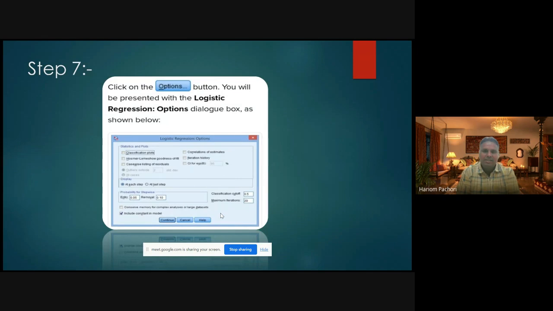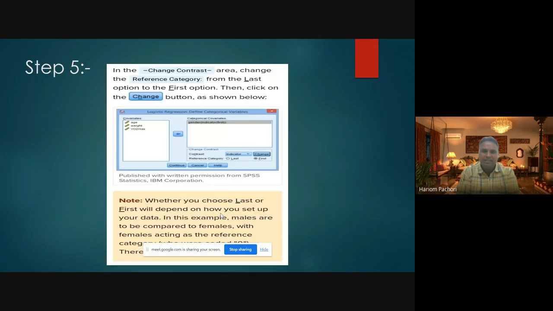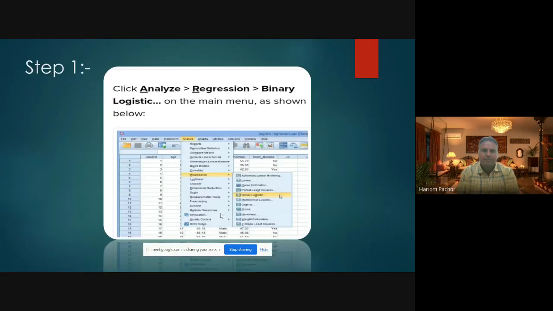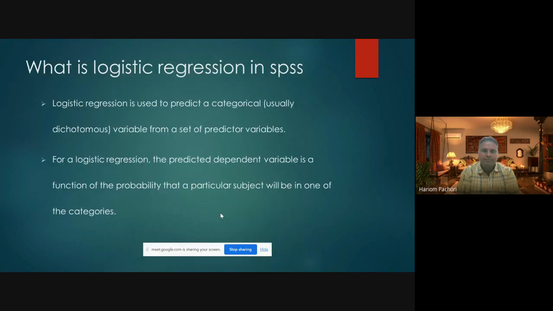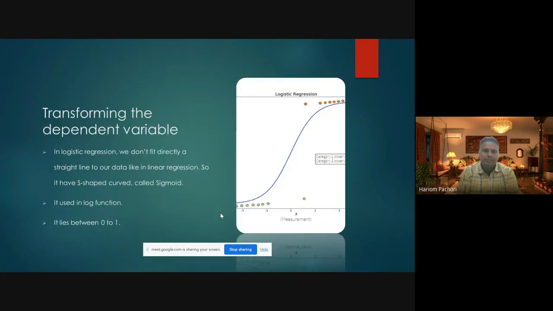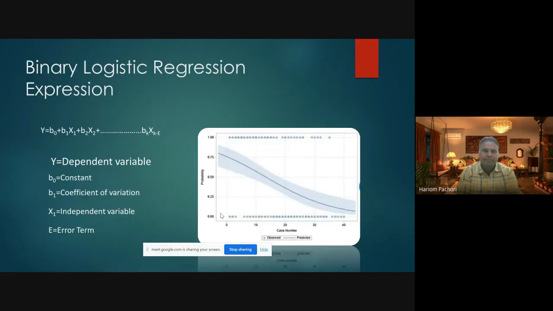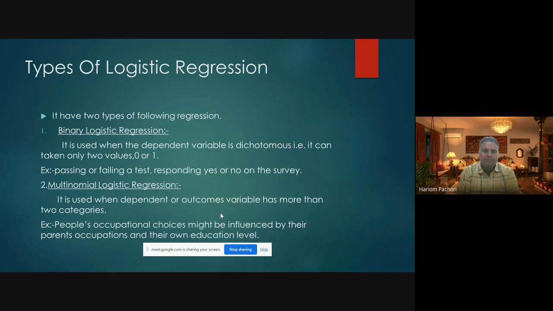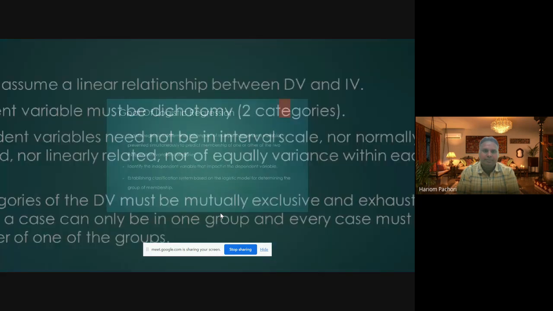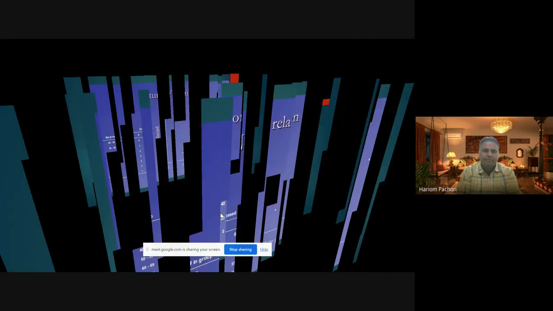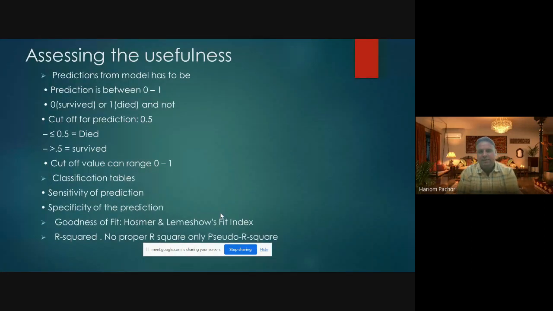Just revisit this slide, this slide is important.